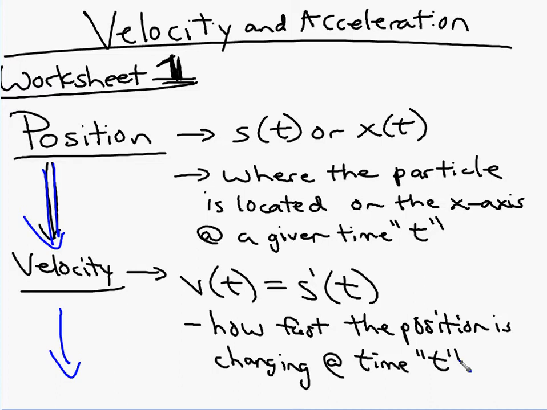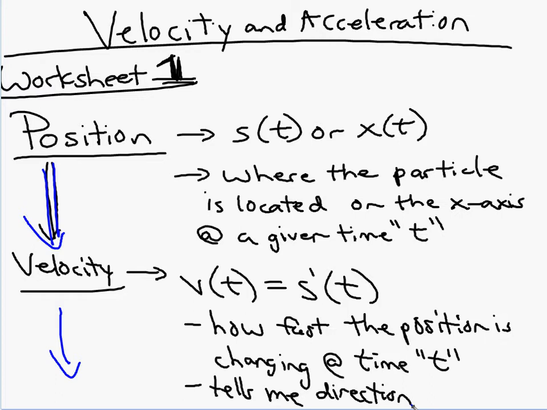So here we see that showing up again. The instantaneous rate of change. Now, there's something else, and I know you've learned this in your physics class, that velocity tells me. It also tells me the direction of movement. Whether I'm moving to the right or the left, whether I'm moving up or down if we're talking about a falling object. So velocity also tells me direction.